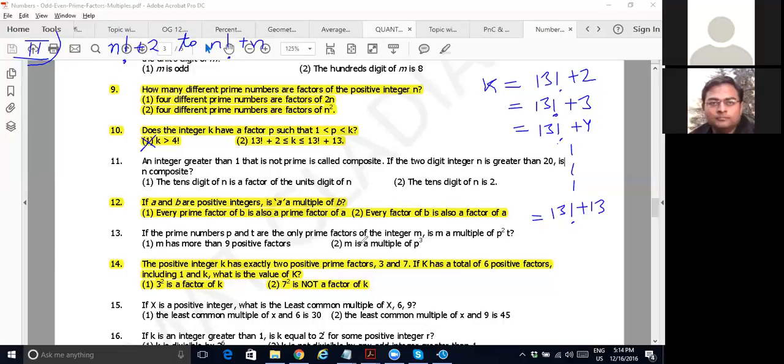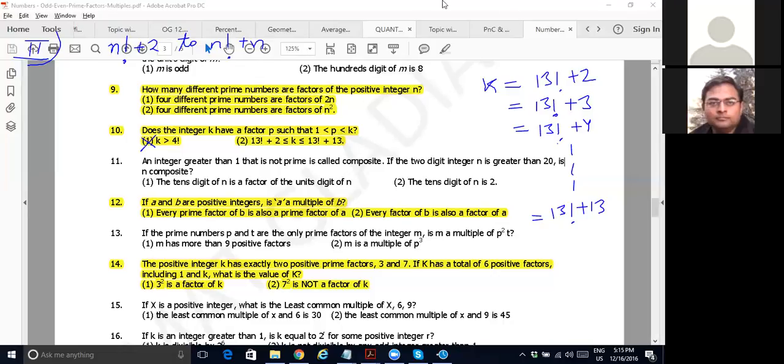So K can have values. K lies between. Okay.